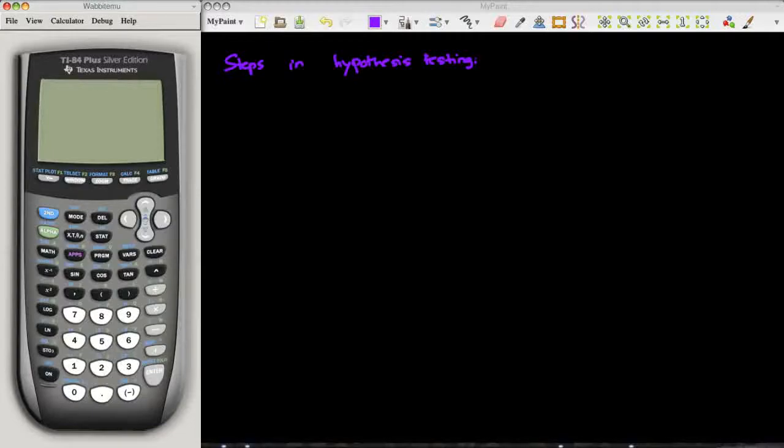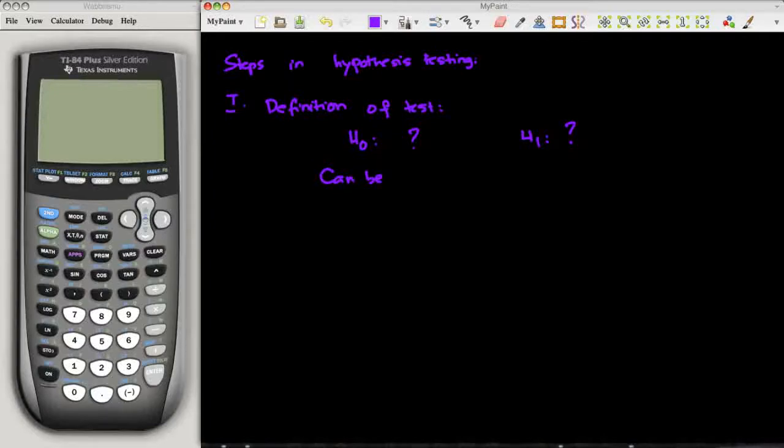So the first step is to identify the definition of the test. So in step 1, you recognize the definition of the test. So in other words, you have to identify what H1 is, what H0 is. You can usually identify the definition by identifying the claim.